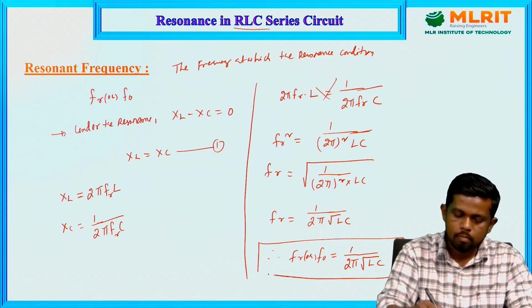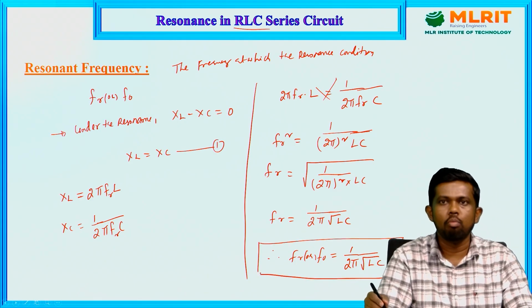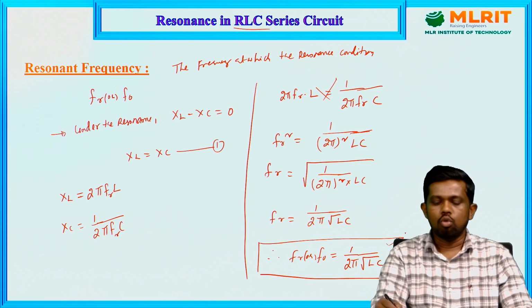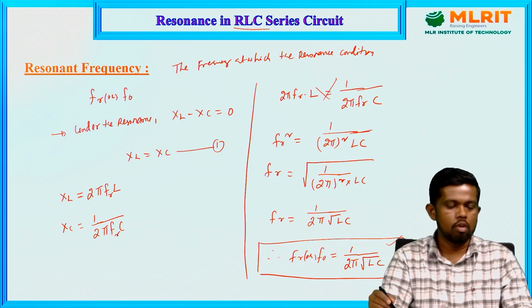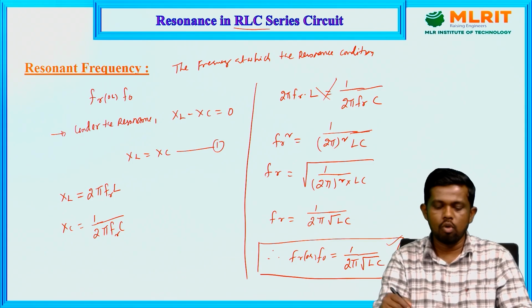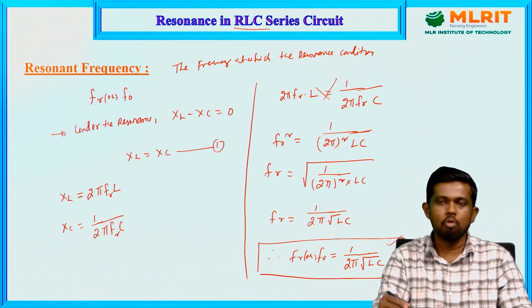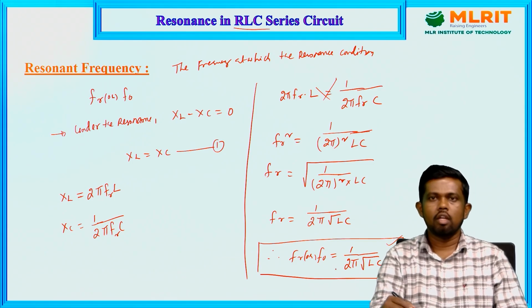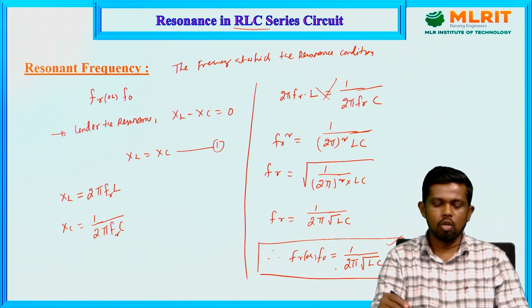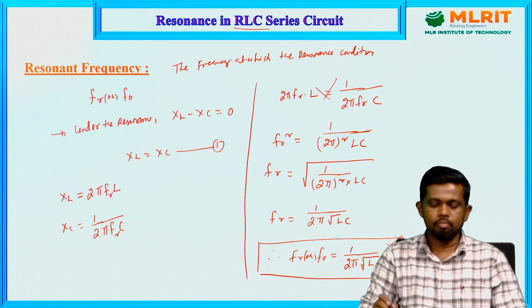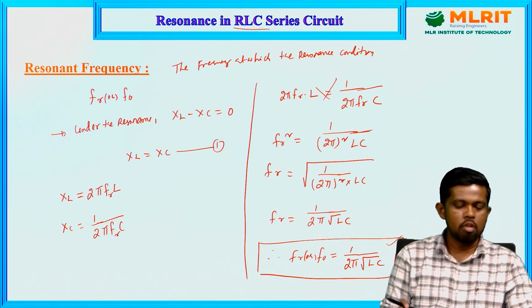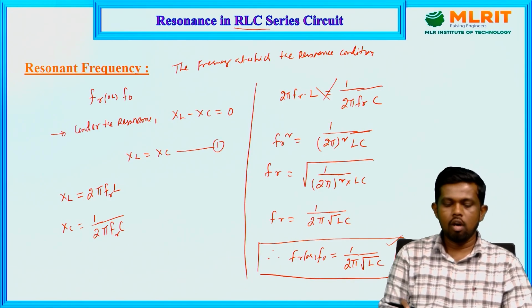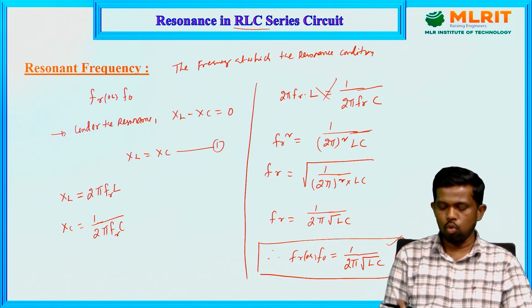Based on this we also need to solve simple numericals, that's why we need to remember this formula. FR or F naught, both are the same, equals 1 by 2 pi root LC.